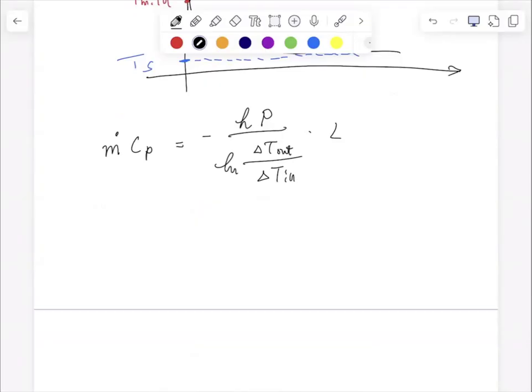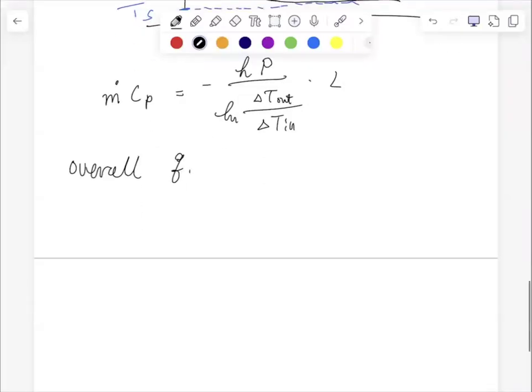And now let's calculate the overall amount of the Q. Okay, so the Q would equal the total amount of the heat that has been transferred into the fluids within the pipe.